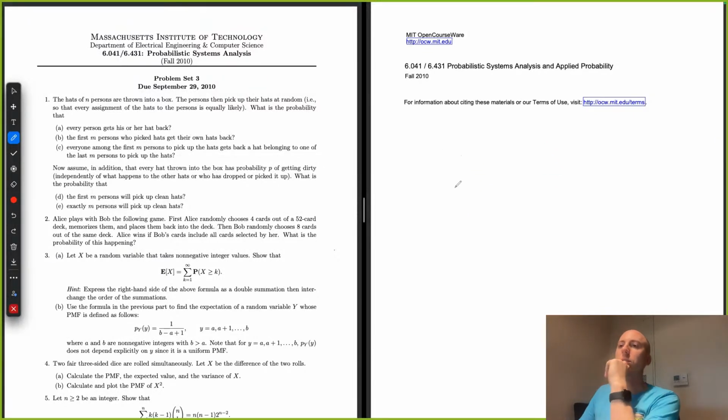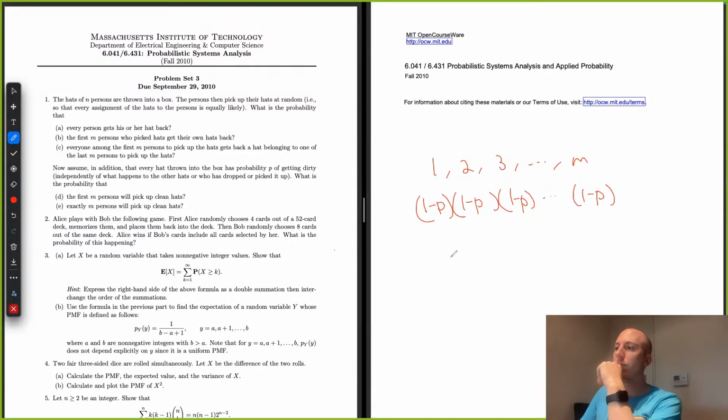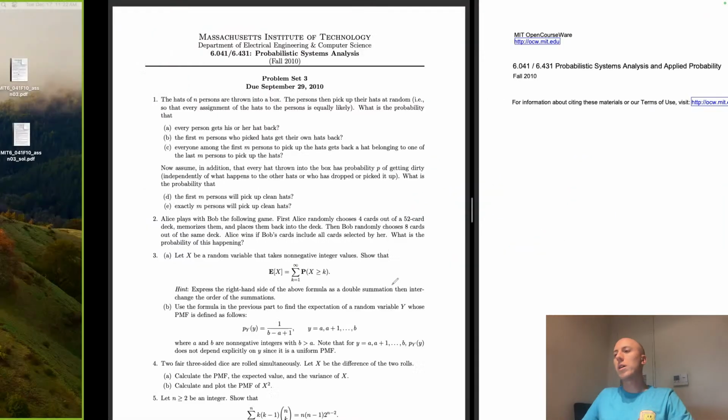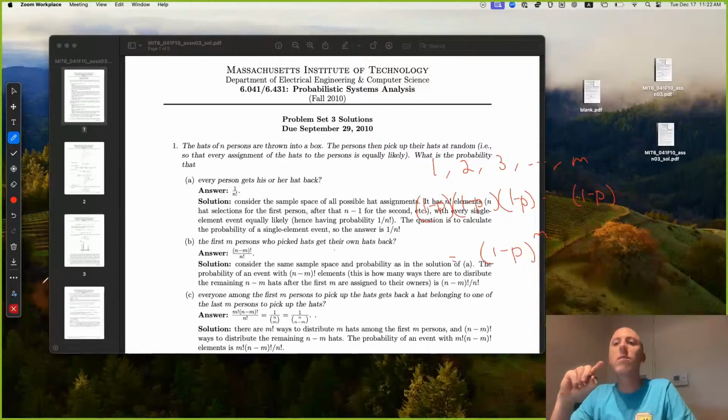Yeah, I think this seems kind of simple. So it's just from 1 up to M. To have them all pick up clean hats, each has got to be 1 minus P. So 1 minus P, times 1 minus P, times 1 minus P. Seems like that's 1 minus P to the M. Seems pretty simple.